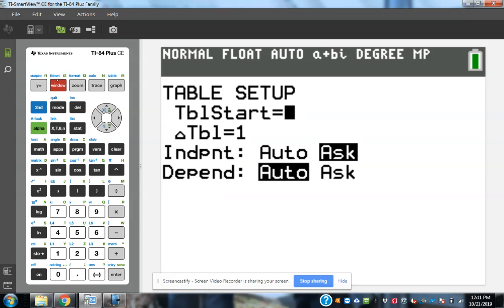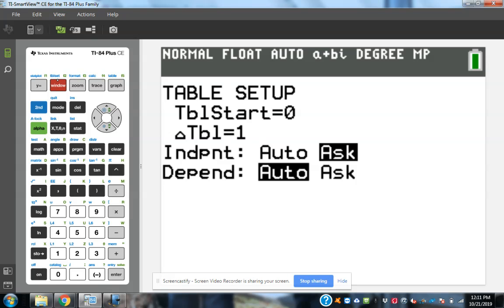Press the up arrow, get it blinking, press the up arrow, now it's blinking, hit enter. All right, and hit second window. It should be something like that. Everybody at this screen, everybody not at this screen.